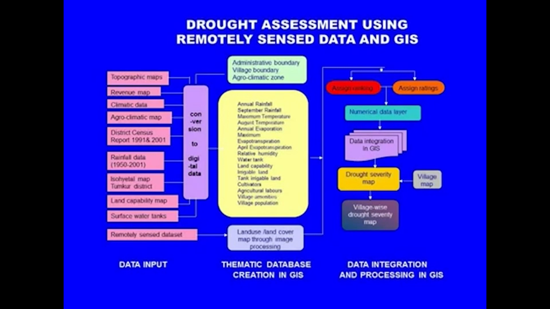In order to do the analysis, we need to also identify another important aspect, and that is the weightage or importance of the variables which have been taken into consideration. So, one has to provide the rankings, and similarly ratings also have to be provided, which can then be integrated in a GIS to create drought severity maps. Over these drought severity maps, we superimpose the village map, so we can have the village wise drought severity maps.